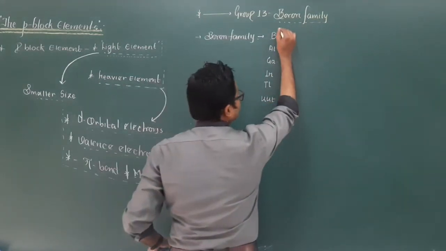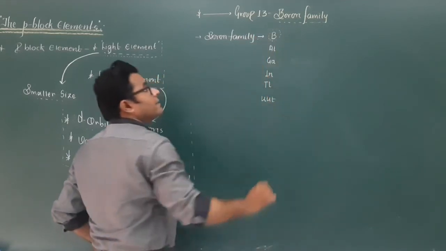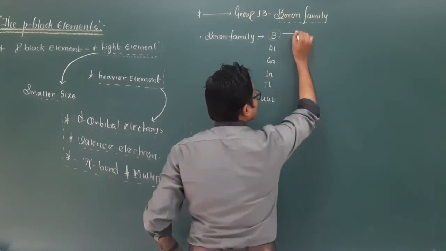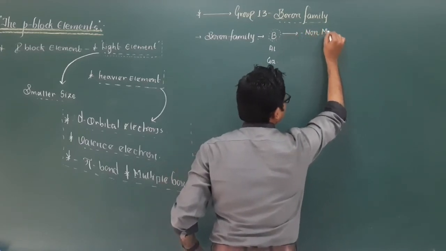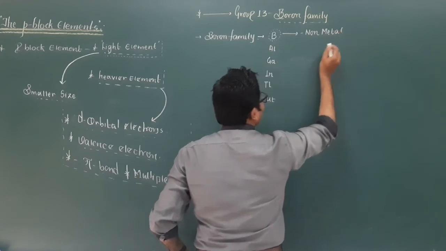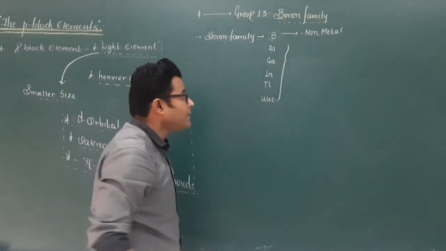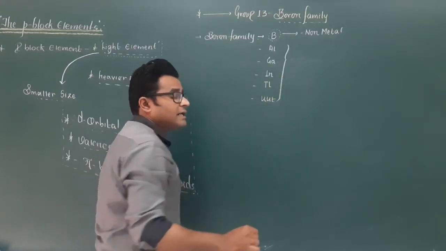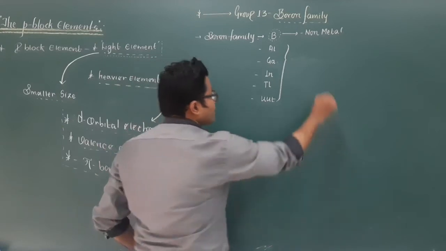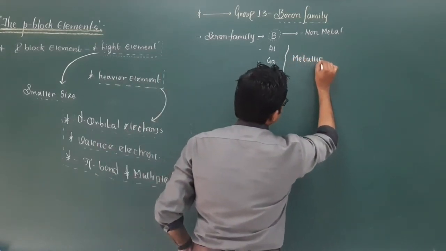That means boron is a non-metal, while the ones below it, aluminium, gallium, indium, thallium, and ununtrium, are all metallic in nature.